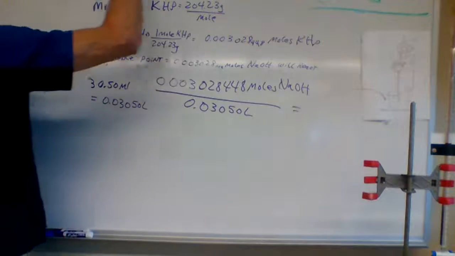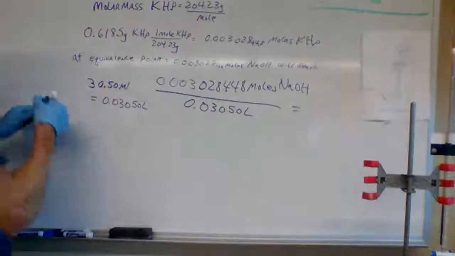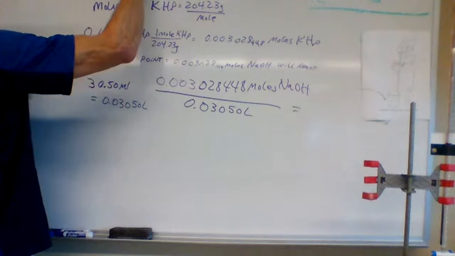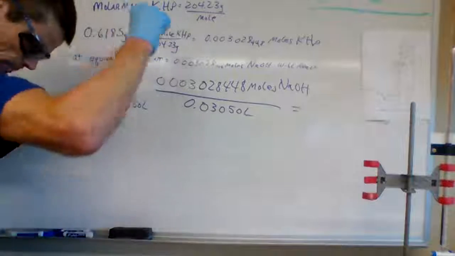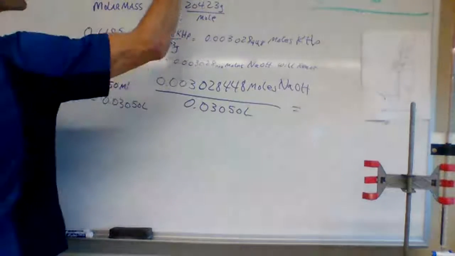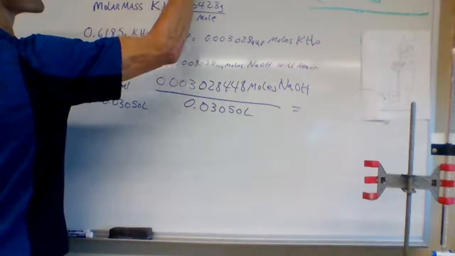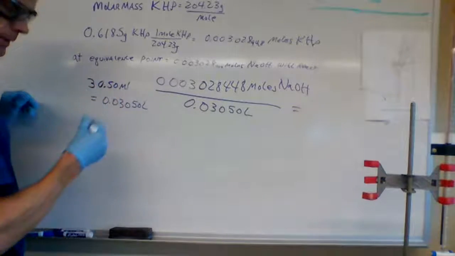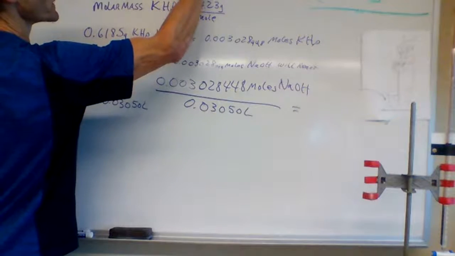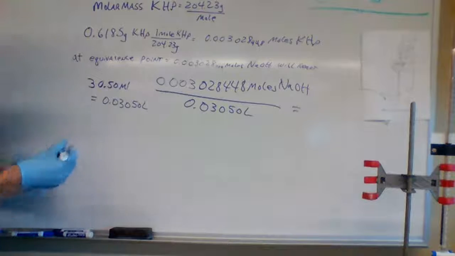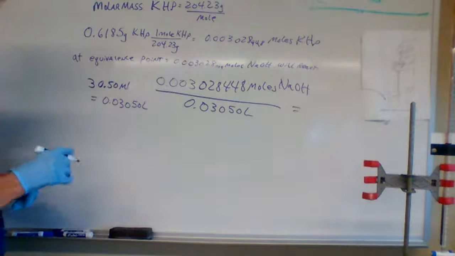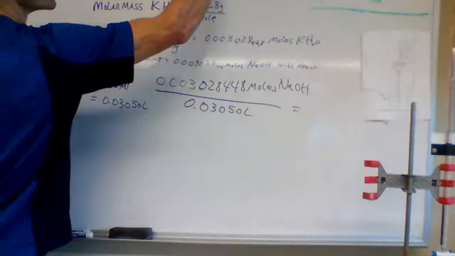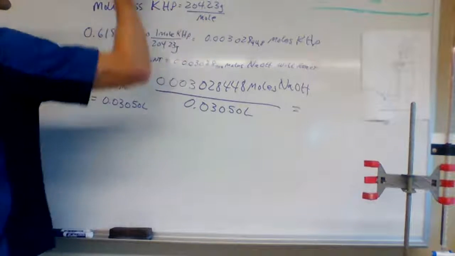So the actual concentration, 0.09929. And sometimes it's a good idea to retain one extra digit, and I usually subscript mine, 0.09929, and I saved one extra digit.